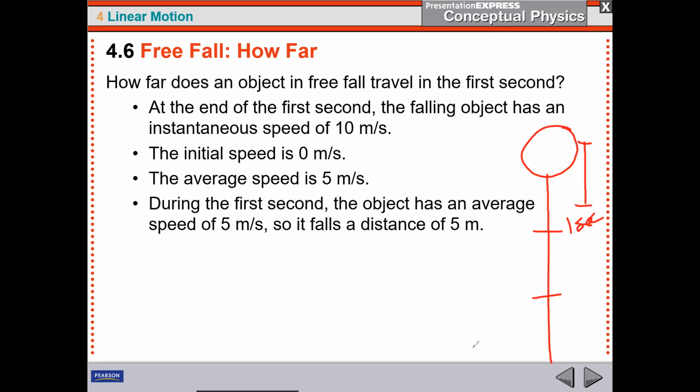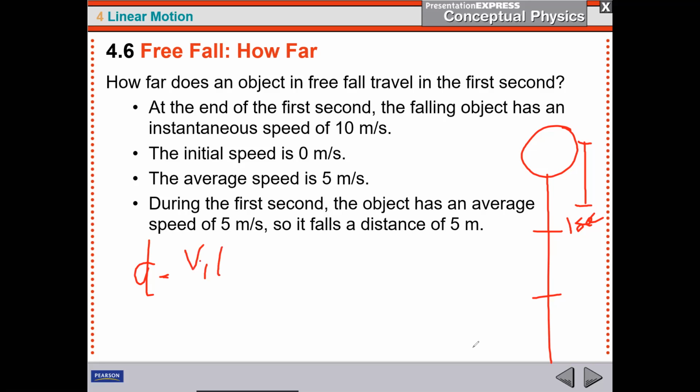How can we find this d? As we said, if I want to find d by the big four equations, we say d is v initial t plus half a t squared. So the initial speed is 0. The average speed is 5.